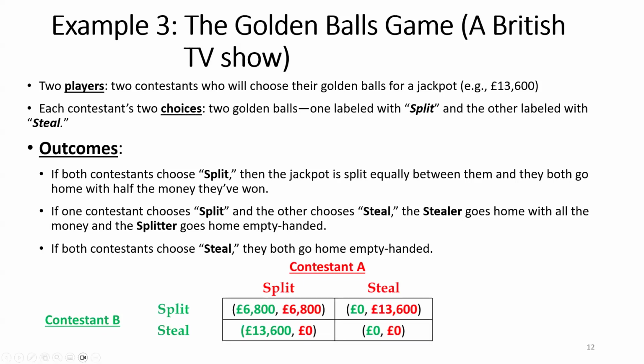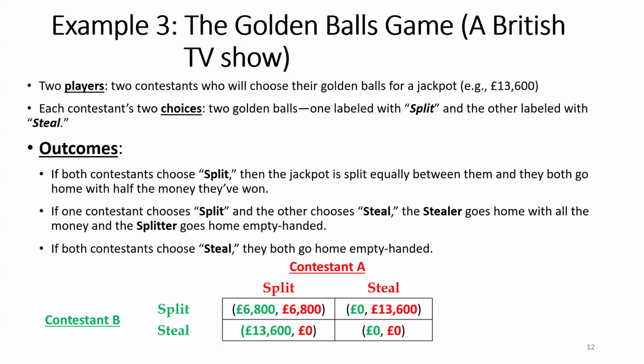So here again it is presented in normal form. Next chapter you learn how to construct the normal form of the game. 2 players, contestant A and contestant B. Each one has 2 options: split and steal. Each player can choose one of these 2 options. If both choose split, they equally share the jackpot, and both players will obtain 6,800 pounds.